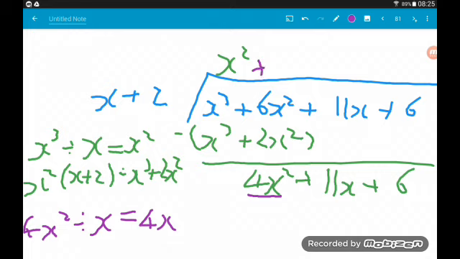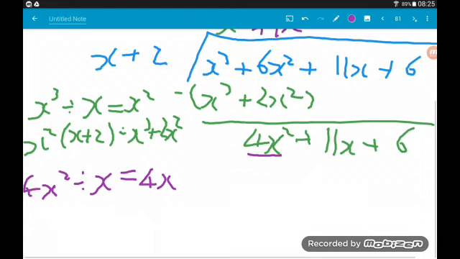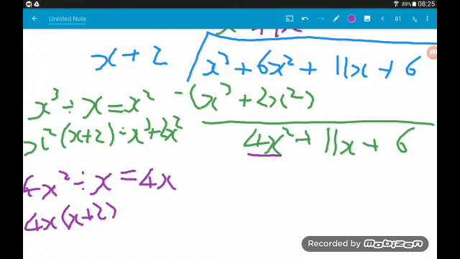It's plus 4x, like that. Then we do 4x times our divisor. So 4x times x plus 2 is 4x squared plus 8x.